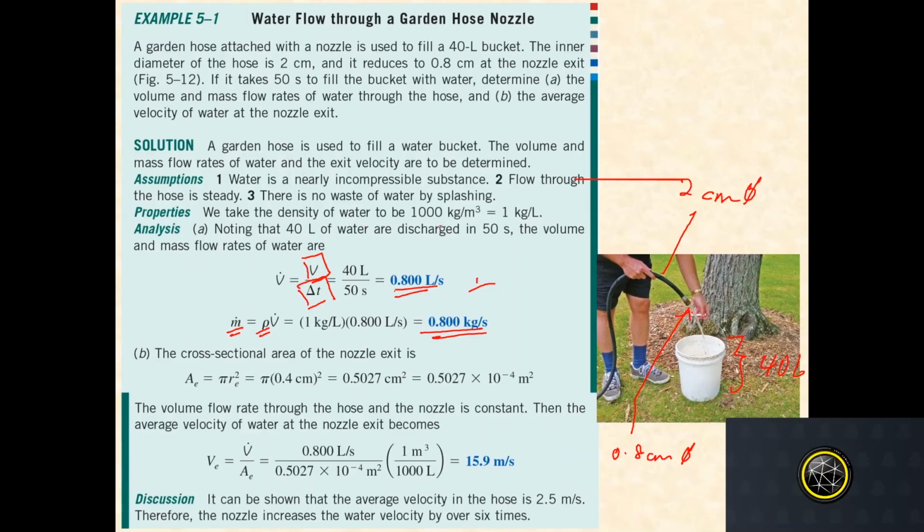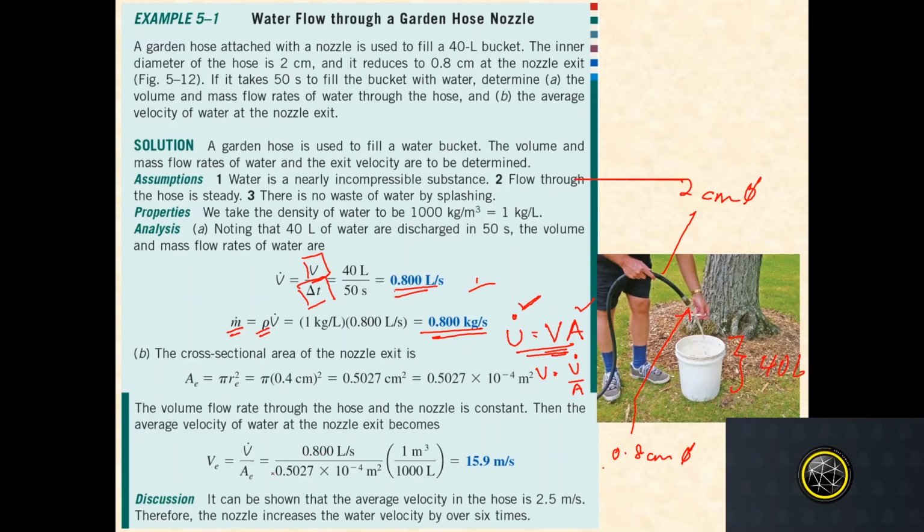Then it asks for the average velocity of water at the nozzle exit. As you know, the volumetric flow rate equals the velocity times the cross-sectional area. So the first thing you need to do, you have V̇ already, tick, and you can find the A. The area can be found since the diameter is given, tick, so you can get V. V equals the volumetric flow rate divided by A. Here the volumetric flow rate is 0.8 liter per second.